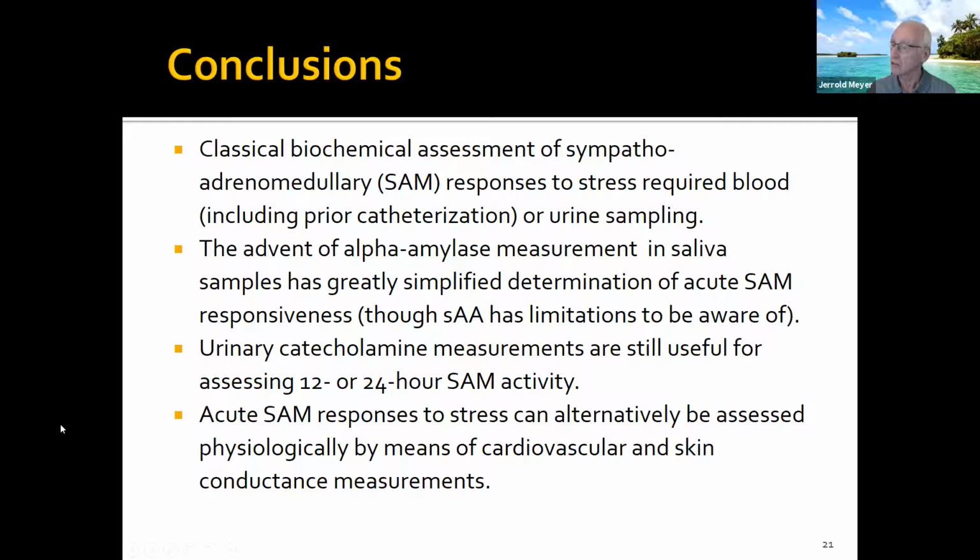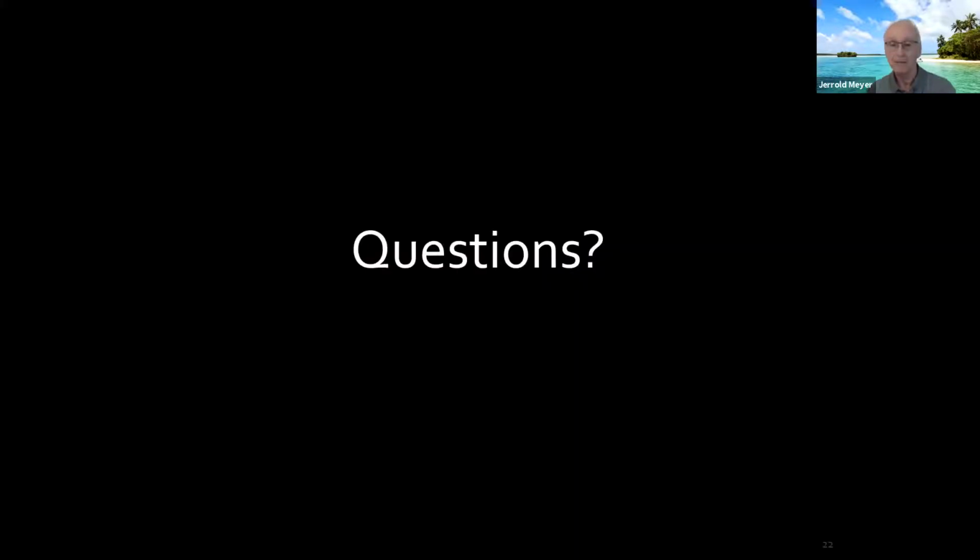If you want to look at longer term responses, certainly if you want to look at chronic stress, you might want to look at urinary catecholamine measurements. And these are some of the ways that you're going to learn about tomorrow as alternatives. So that wraps that one up. So questions?